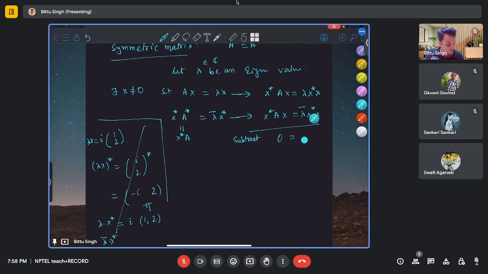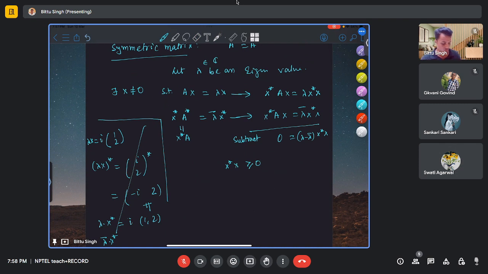Lambda minus lambda bar times x star x. And we know that x star x is non-zero, always non-negative, because x star x actually defines an inner product. Earlier we have seen this fact.